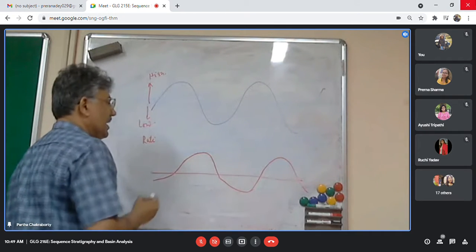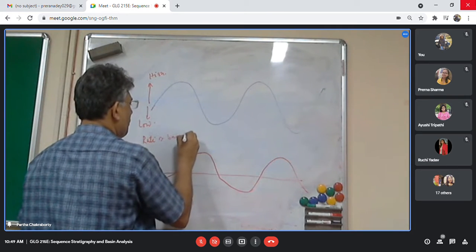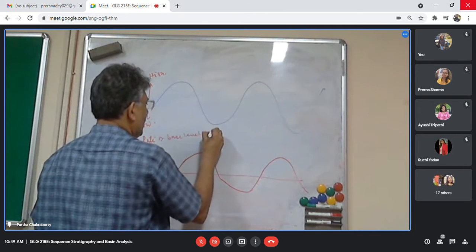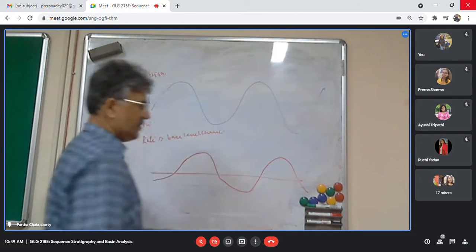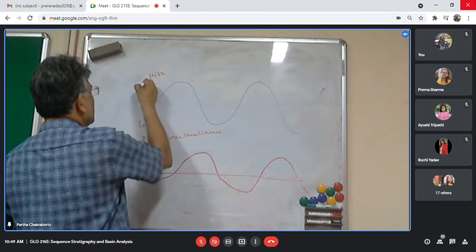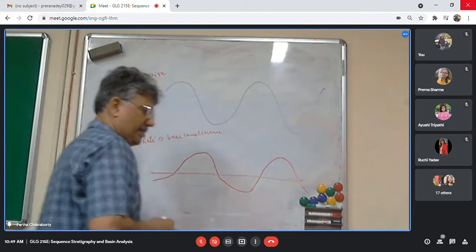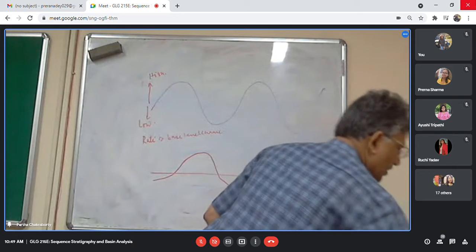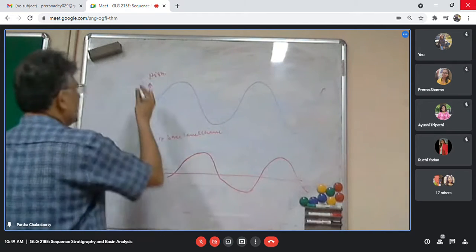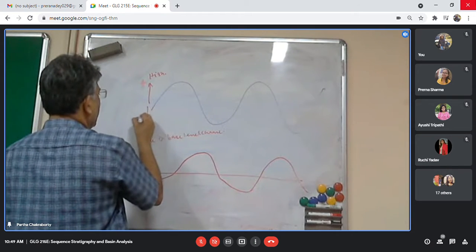This is the rate of base level change. So if this is positive, this is positive, and this is negative.